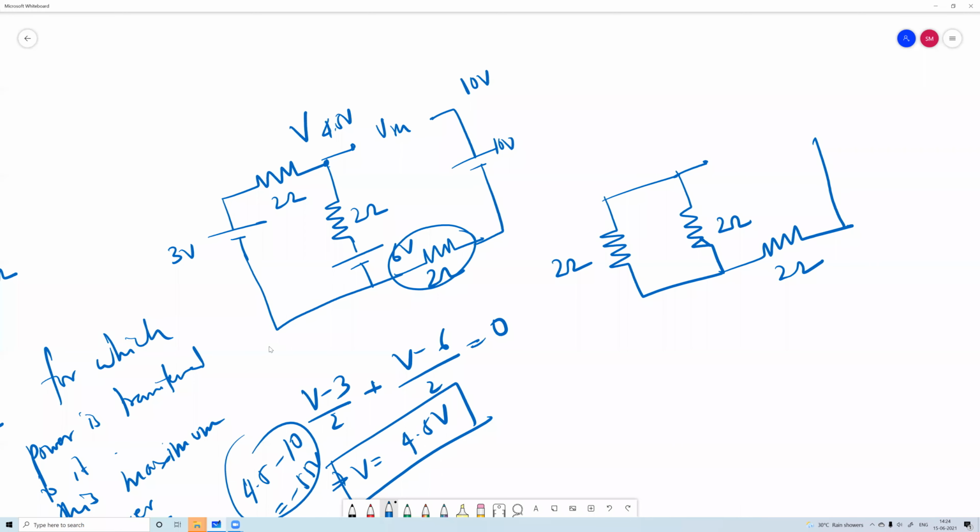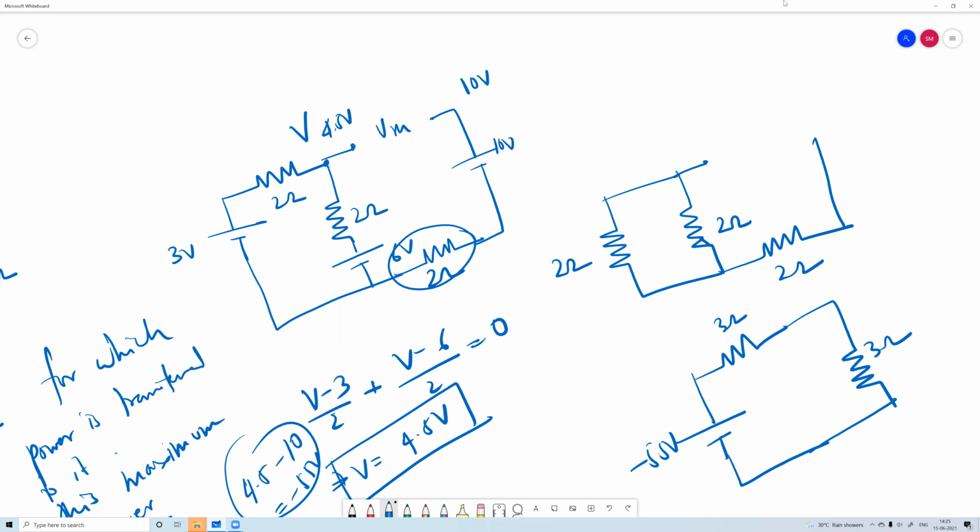Three, sir. Yes, 3. So we have this minus 5.5 volt, 3 ohm, and for the maximum power transfer theorem, this would also be 3 ohms. Right?